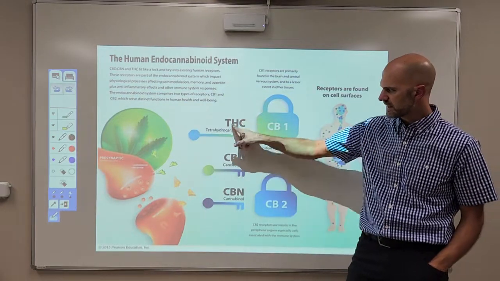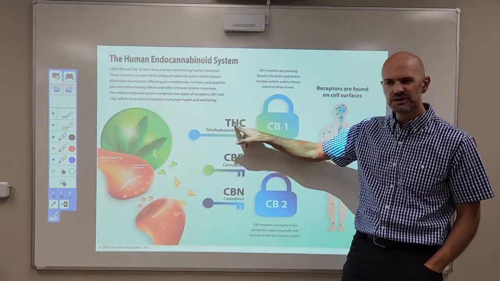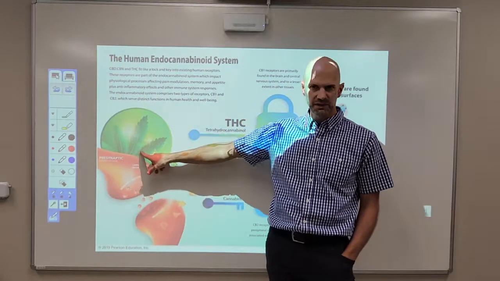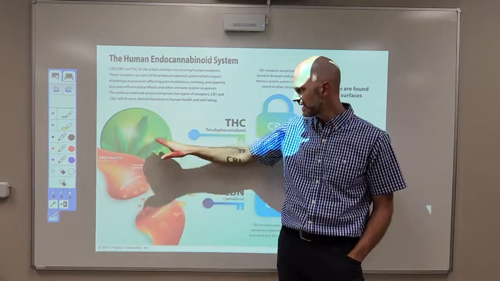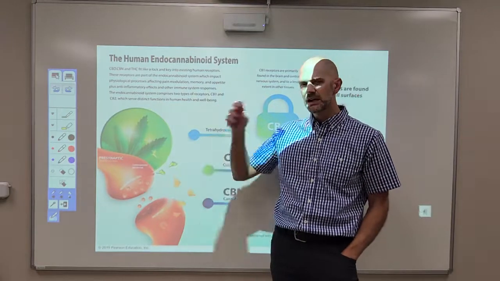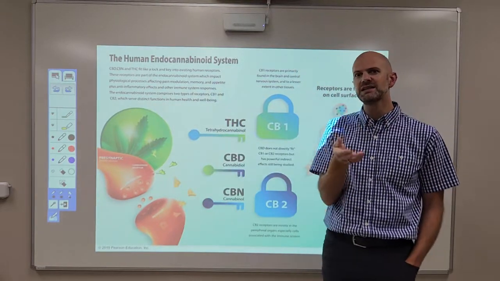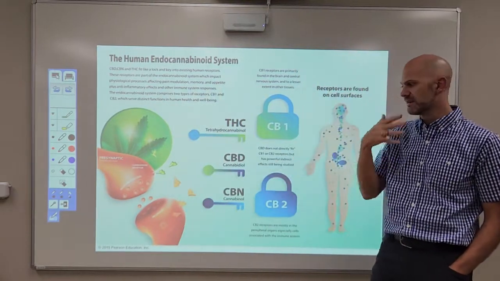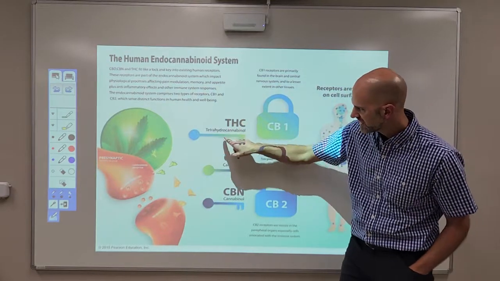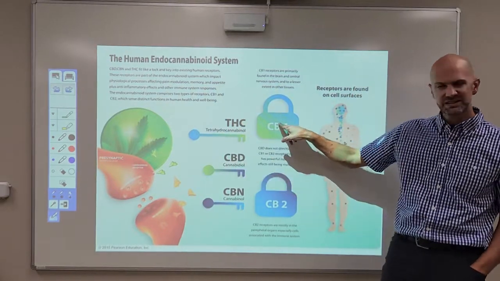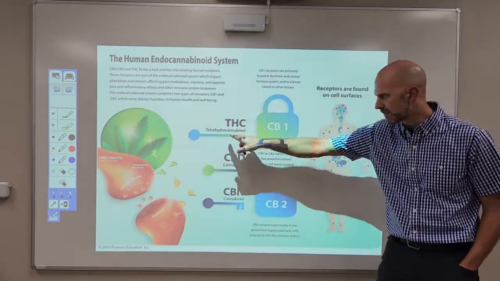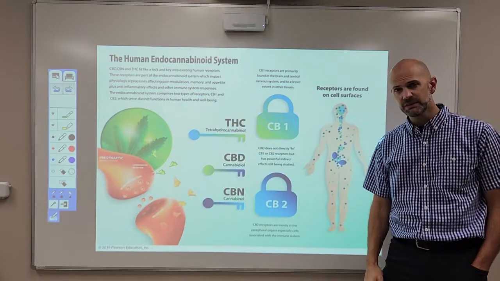THC is one of the main components of marijuana. If you burn it, oxidize it, and inhale it, then it gets systemic, and this functions like a key that unlocks that receptor. It doesn't unlock it, but it binds to it and activates that receptor.